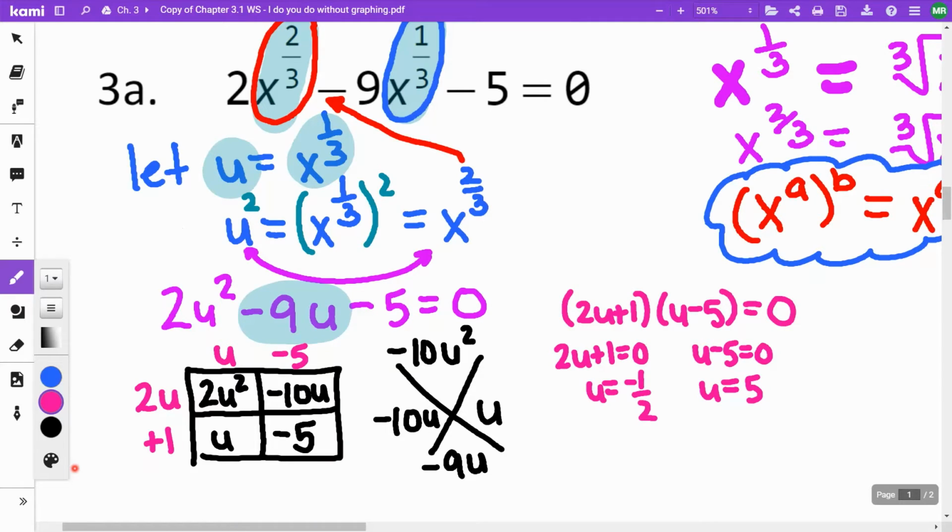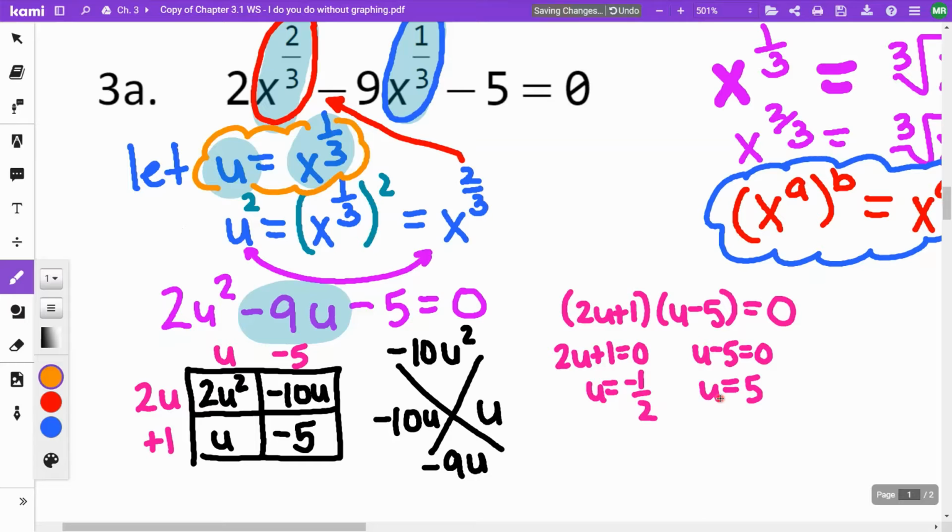So now what you guys are going to do is look where u was equal to x to the 1/3, and you're going to set this to x to the 1/3 because that's what u represented. And I'm going to set this to x to the 1/3, okay? Because of this up here. Because of this right here.